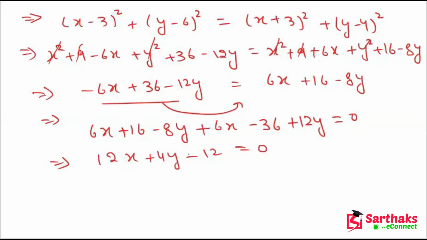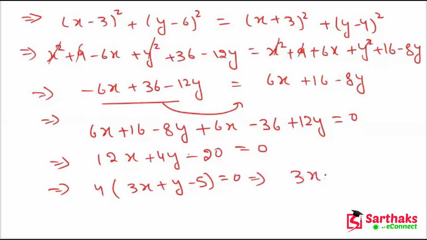So this is not 12, this is minus 20. Now just take the 4 as common. Here we have 3x plus y minus 5 is equal to 0, and so the answer is 3x plus y is equal to 5.